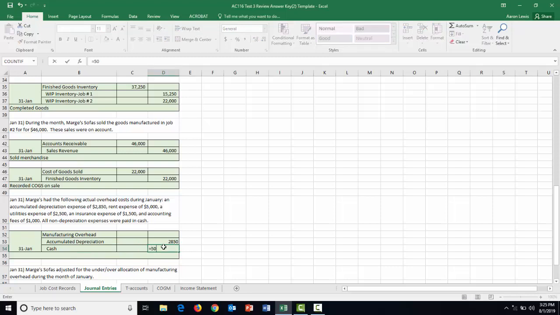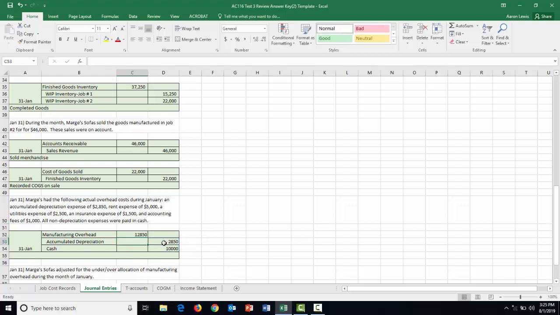We had $5,000 for rent. We had $2,500 for utilities expense. We had $1,500 for insurance expense. And we had $1,000 in accounting fees outside of us doing it, which in total gives us $10,000 worth of expenses, which means that our manufacturing overhead has to be debited for an amount that makes our debits equal our credits.